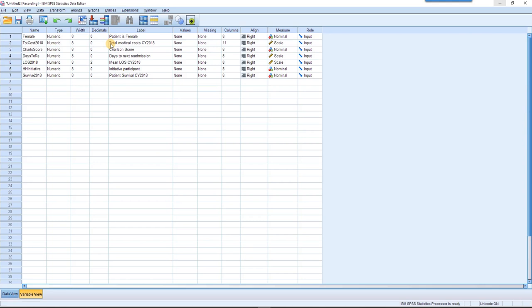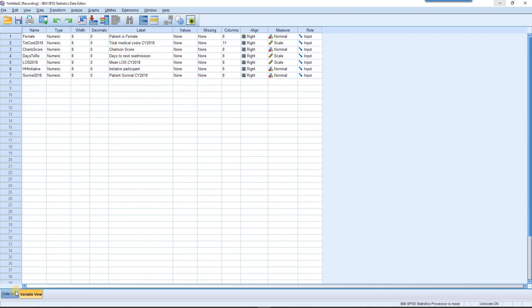We have the patient's Charleston score, the days until readmission, the mean length of stay for all of their hospitalizations in calendar year 2018, an indicator if they were participating in the Healthy Hearts Initiative or if they were not. And then we have an indicator if they survived all the way through calendar year 2018.